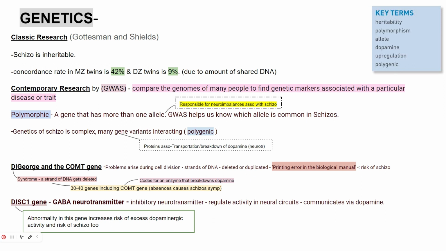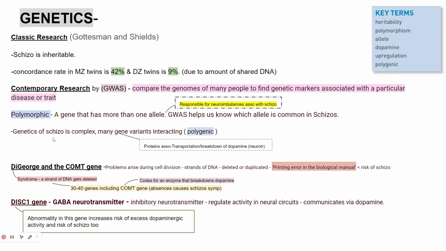What is polymorphic? Polymorphic genes are genes that have one or more alleles, and so they're responsible for neuroimbalances that are associated with schizophrenia. GWAS helps us to know which allele is common in schizos. If I say schizos, just get what I mean.